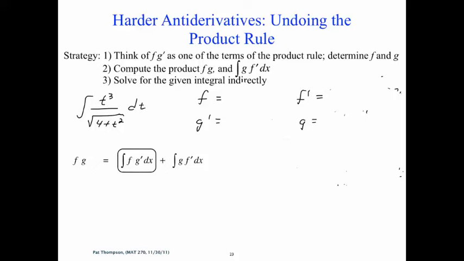Very good. All right, so we've got to do an antiderivative here, g prime to g. So what can I pull out of this whole thing that we can do an antiderivative of? She said, just t over square root of 4 plus t squared, because that would be undoing the chain rule, right?